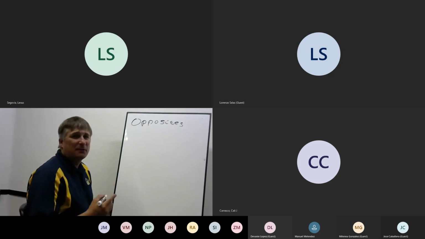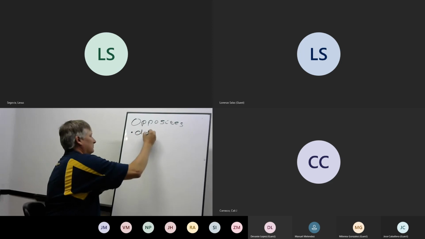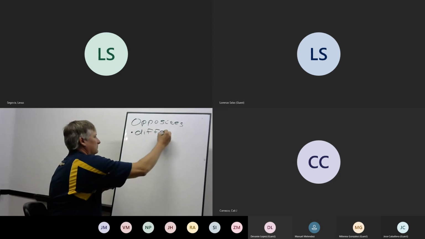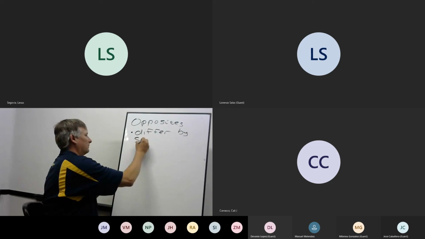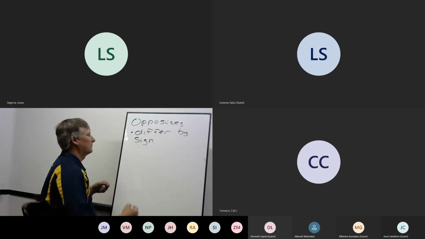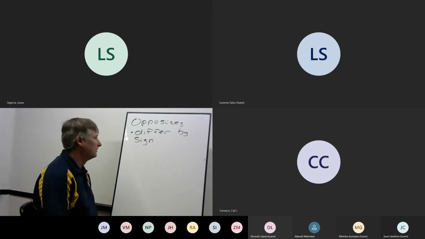They're numbers that differ by sign. And that's it. They only differ by sign.